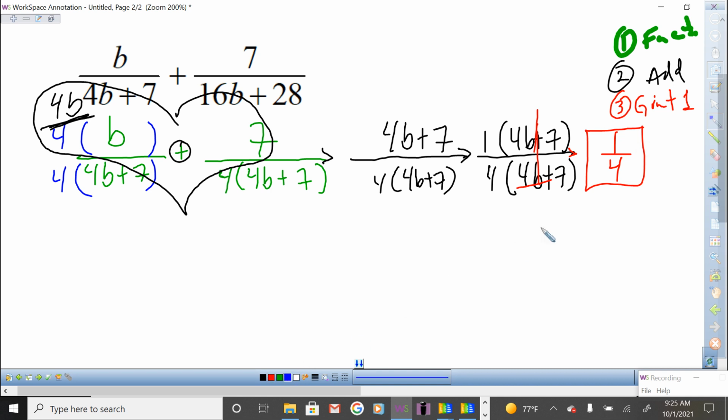Now, the extra step that I add is excluded value. Is that correct? EV. So how do we get the excluded value? At the end, when you're done, you get that denominator and set it equal to 0. So we got 4 equal to 0. However, we need to solve. Read it. Is that true, what we just have in front of us? No. And what does that mean?